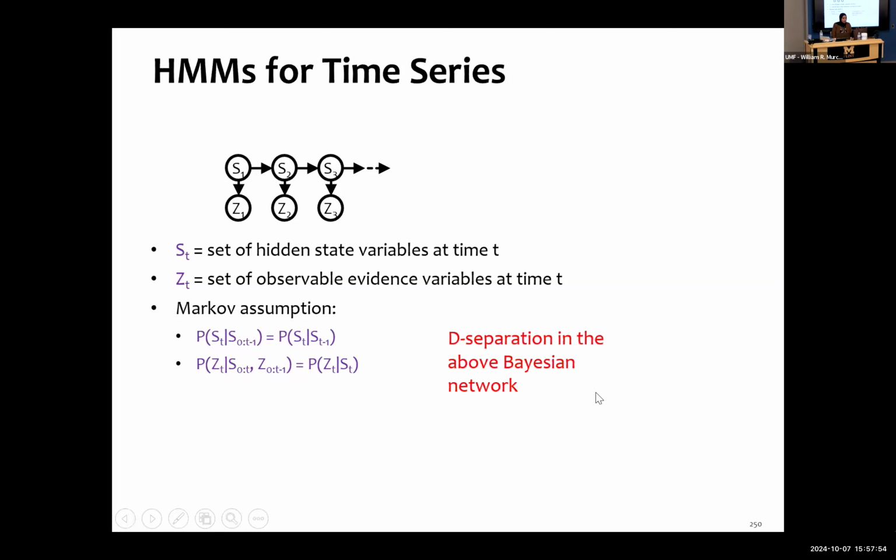And why we do this: there is an application of the D-separation concept that we have seen so far in the Bayesian network. And there is another concept, which is stationarity.